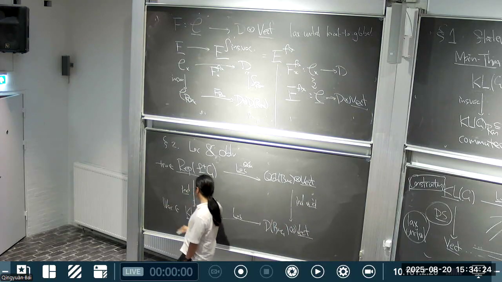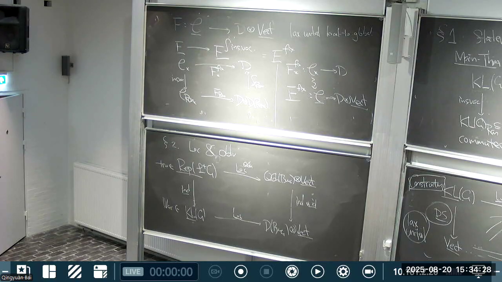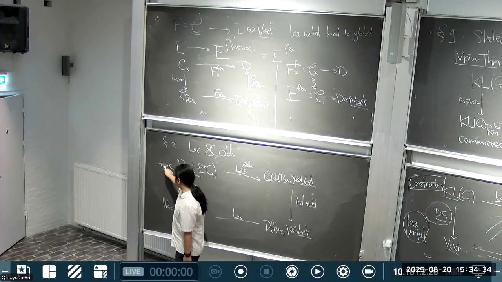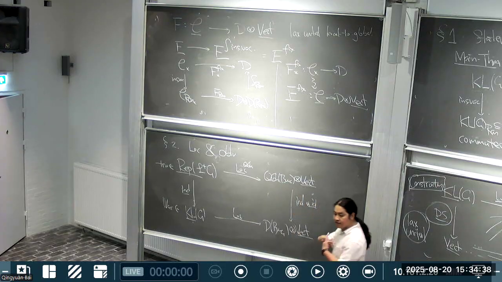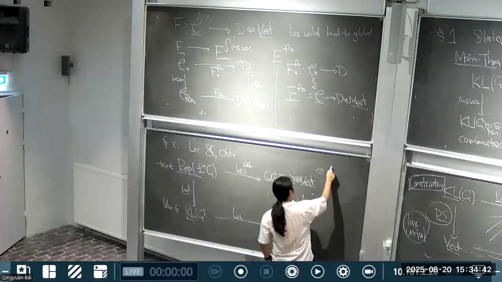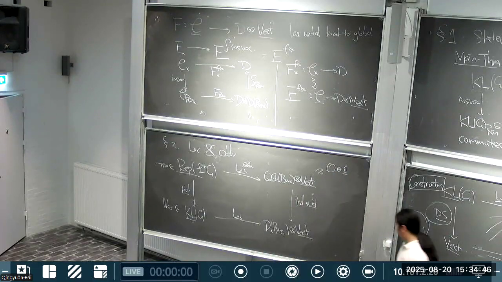So Sam explained that this diagram commutes. If you forget how to prove it, let's do a sanity check on this particular object. This is a trivial representation. There's no Q-co, it's just given by some pullback. So it's the trivial representation, the structure sheaf, which is this constant section.